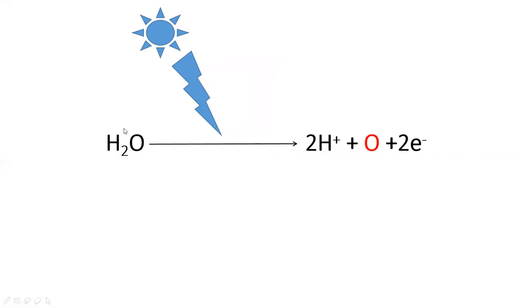Once one molecule of water splits, it only produces half a molecule of oxygen. To produce one molecule of oxygen, two molecules of water should split into four protons, four electrons, and one molecule of oxygen.